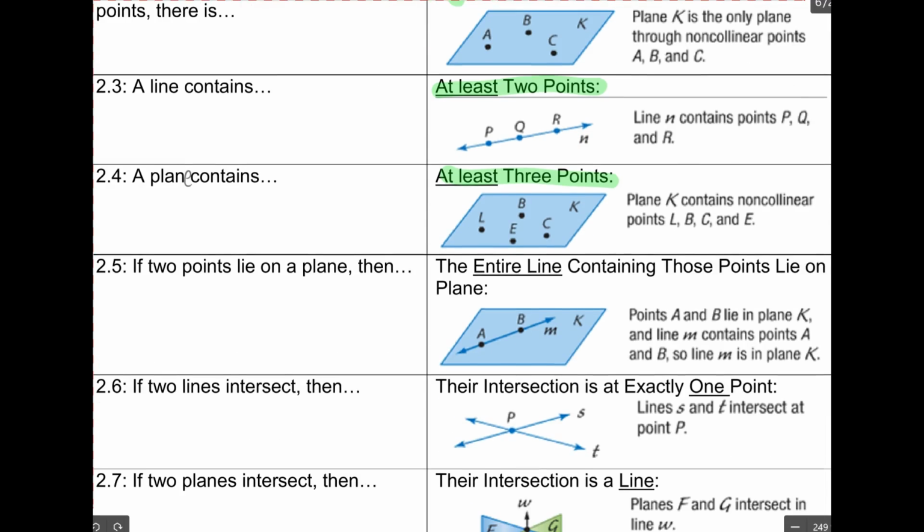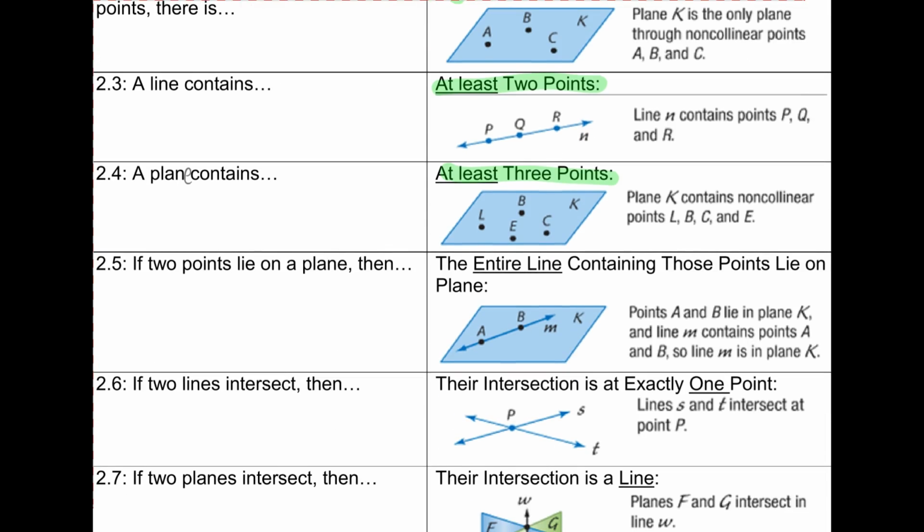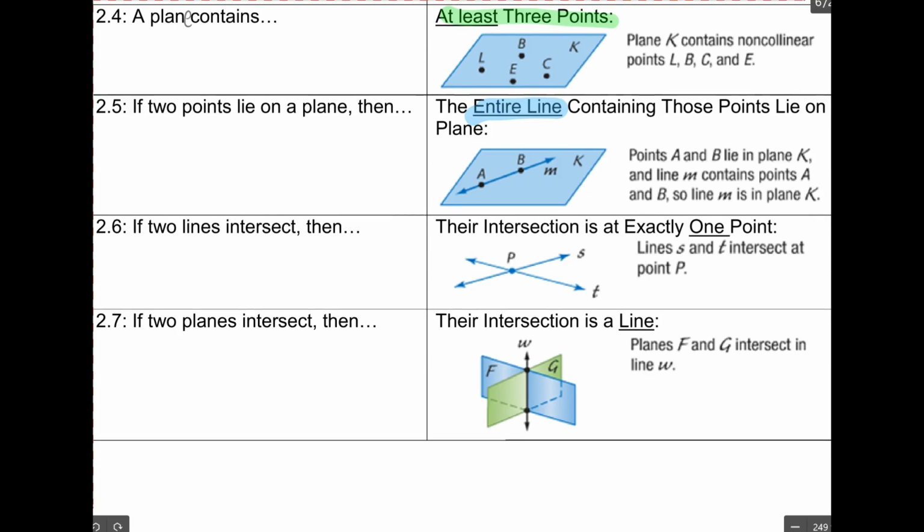If 2 points lie on a plane, then the entire line, that's what I just talked about, the entire line. If 2 lines intersect, then the intersection is exactly 1 point, if they intersect. Guess what? If they don't intersect, there's no points of intersection. If they intersect, there's only 1 point.